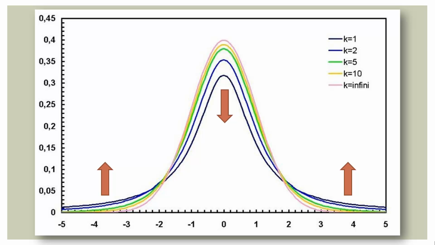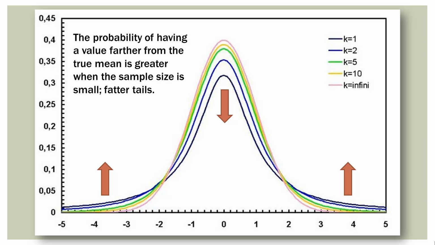So you can see the pattern. As the sample size gets smaller and smaller, our T distributions get pulled down in the center and pushed up in the tails on the ends. Well, what does that actually mean in real life? What it means is that the probability of having a value further from the true mean, or you can think of it as the probability of having a value in the extremes of the distribution, in the ends, is greater when the sample size is small.